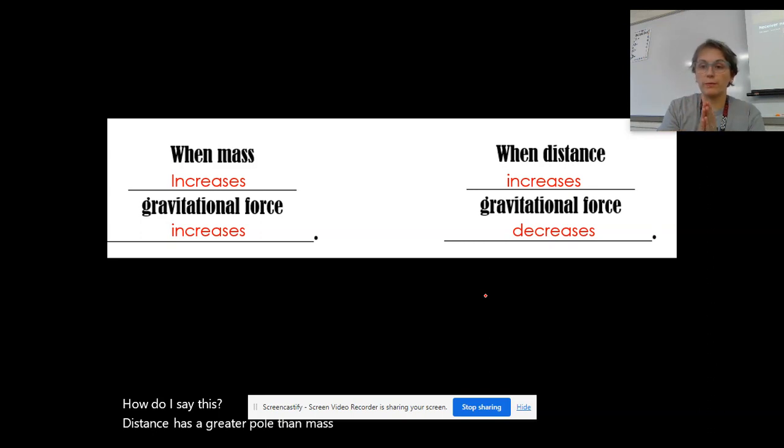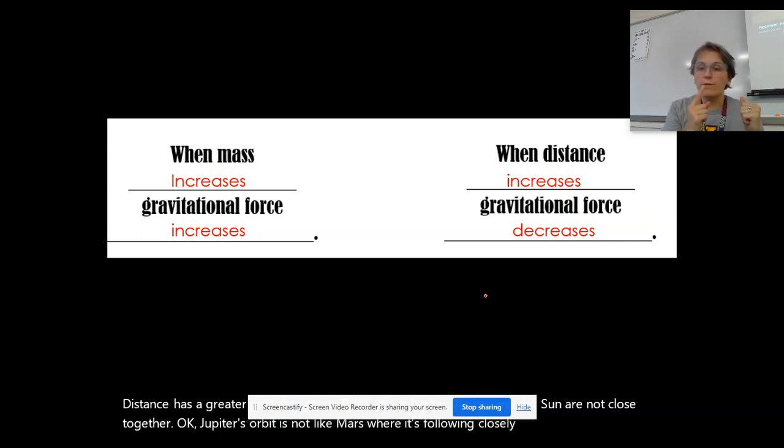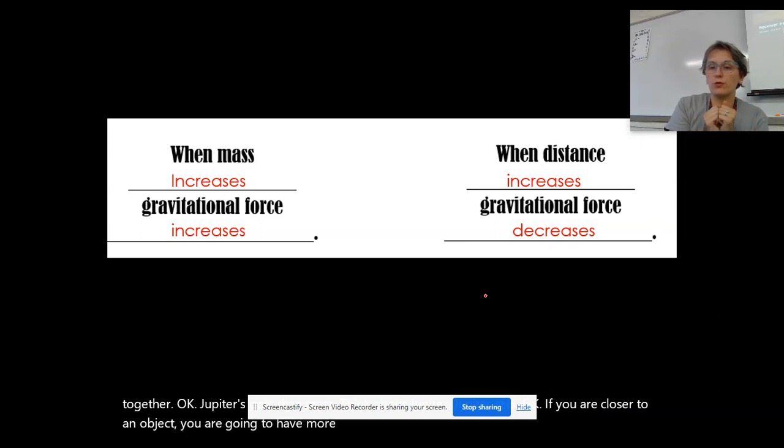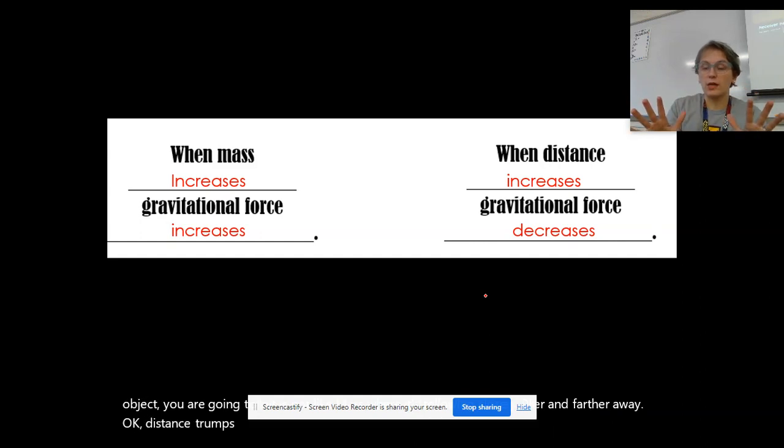Think about Jupiter. Jupiter and the sun are not close together. Jupiter's orbit is not like Mars, where it's following closely. If you are closer to an object, you are going to have more gravitational pull than if you were larger and farther away. Distance trumps everything. It doesn't matter about mass.